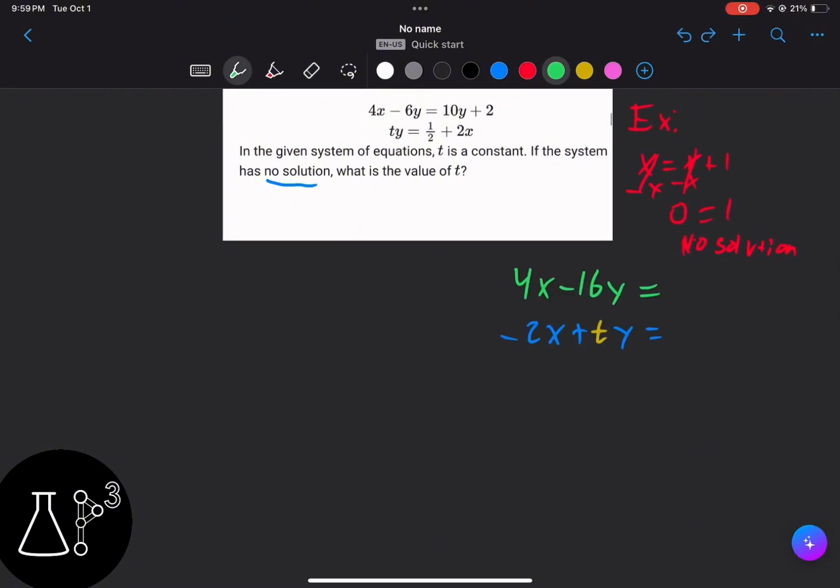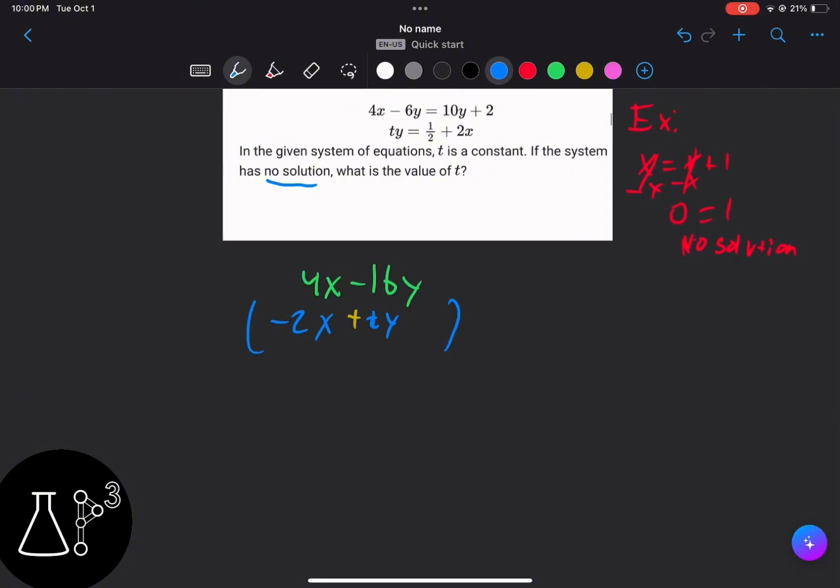So we will have 4x minus 16y, and we'll have negative 2x plus ty. Okay, so how can we look for t? Well, let's see what we multiply the bottom equation by in order for the x values to cancel out.